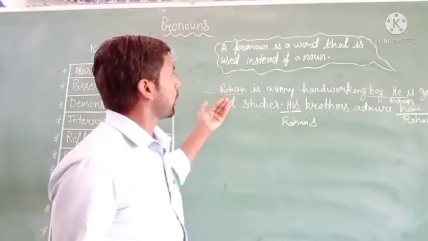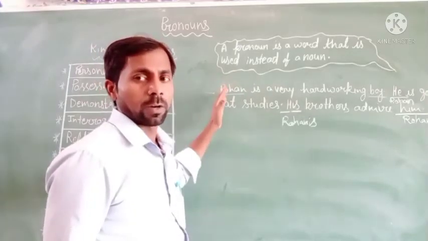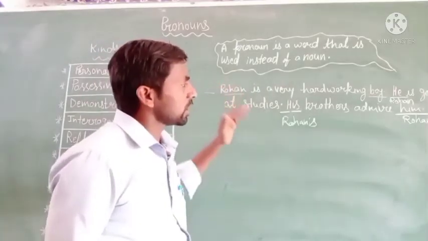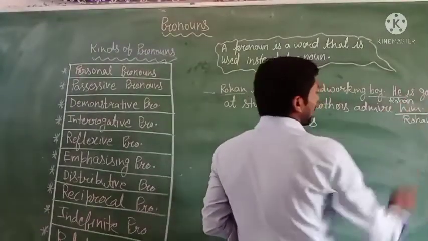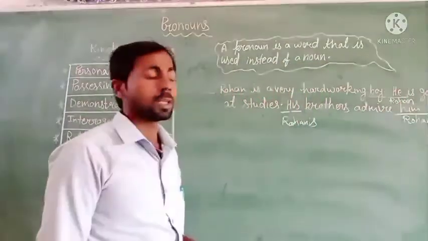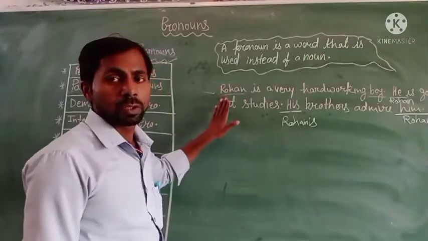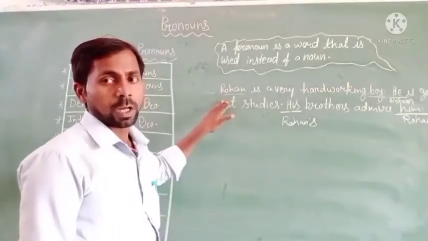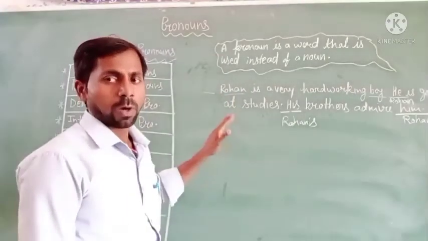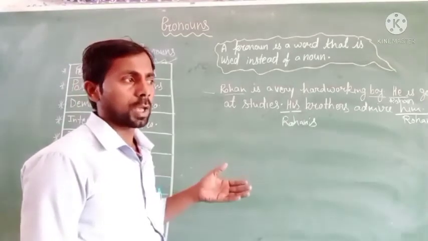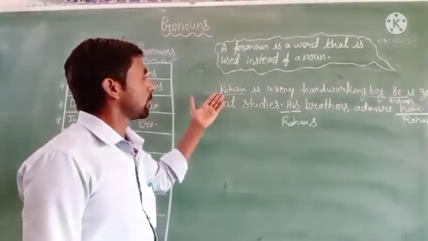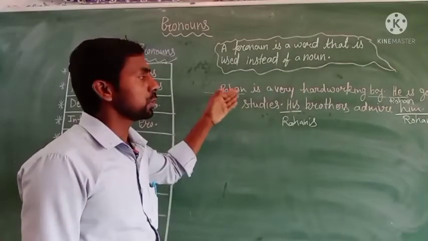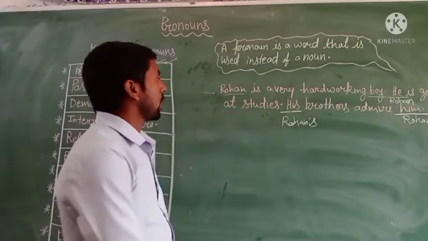When you use the pronoun in place of the noun, all this confusion becomes clear. Clear? So if you use the pronoun in place of the noun in a paragraph or passage of more than two or three sentences, in place of the main subject you can use the pronoun word.